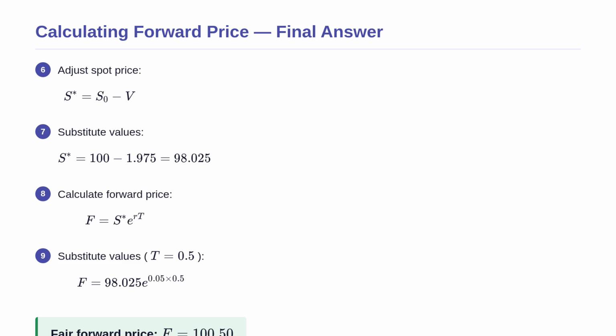We substitute our values into the forward price formula and the exponent becomes 0.025. Calculating this yields our final answer. The fair forward price is $100.50. This means if you agreed today to buy the stock in 6 months, you should pay exactly this amount to prevent any arbitrage.